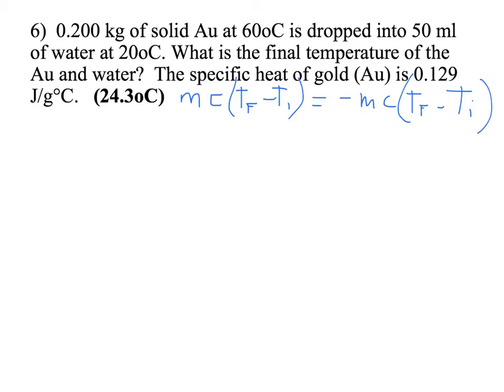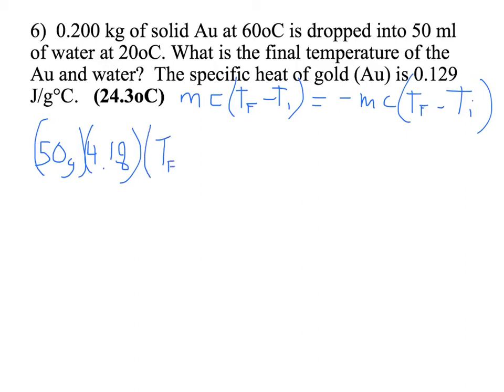When I do my substitution for my water, I have 50 milliliters of water, and at standard temperatures, water is about 1 gram for every milliliter. So I'm just going to substitute 50 grams of water for 50 milliliters times the C for water, which is 4.18 joules per gram degree Celsius. I'm going to forego writing units on this again because of space limitations.